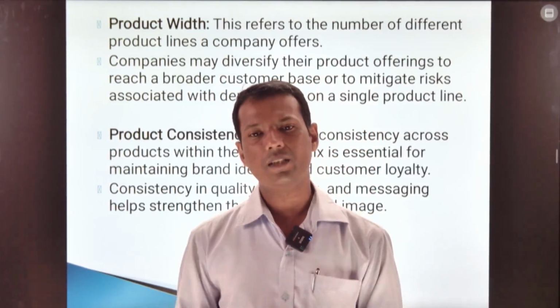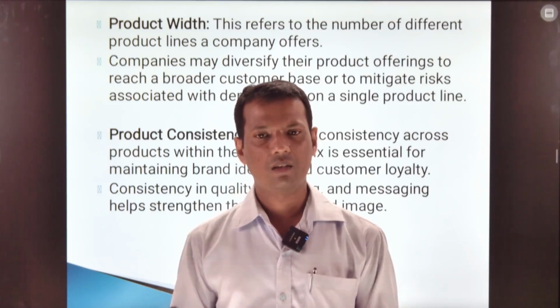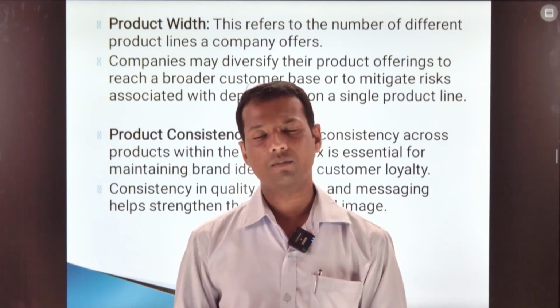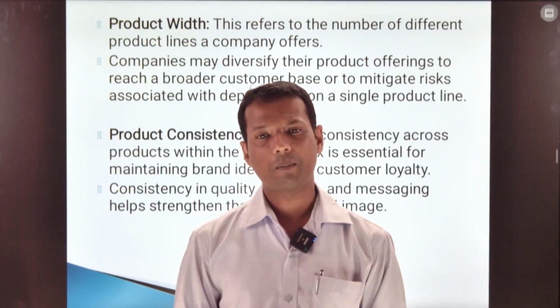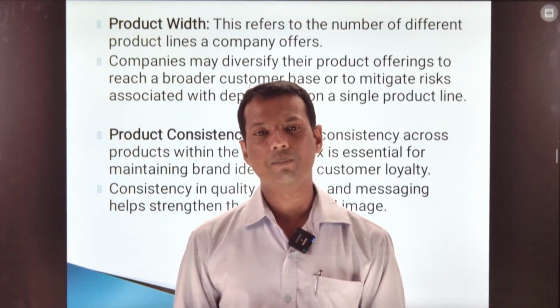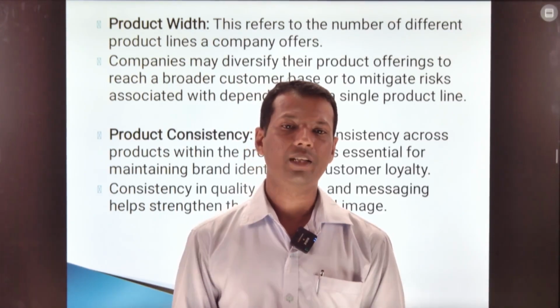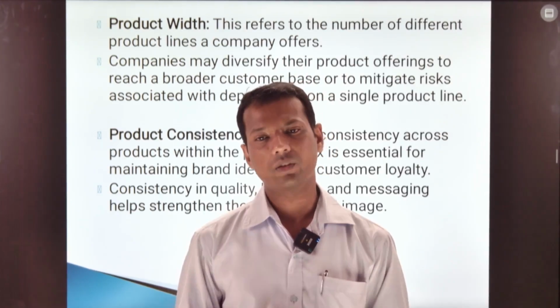They had a brand identity, the Nokia phone. But gradually it lost consistency, and it was unable to cope with the market requirement, and lost to its competitors. So product consistency is very important to maintain your brand identity and customer loyalty.